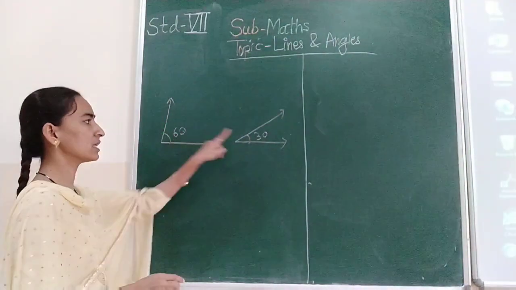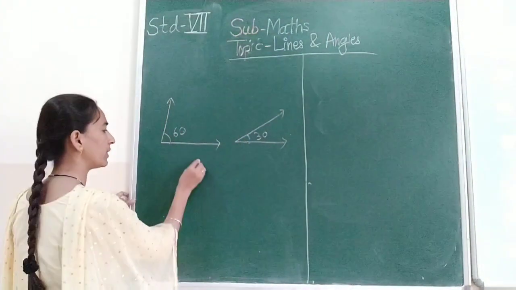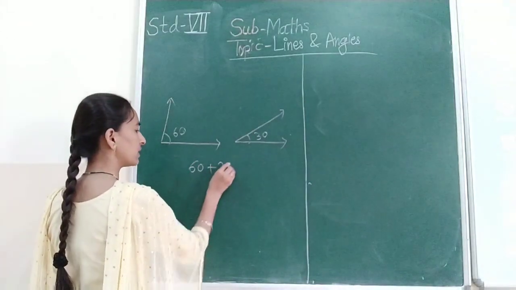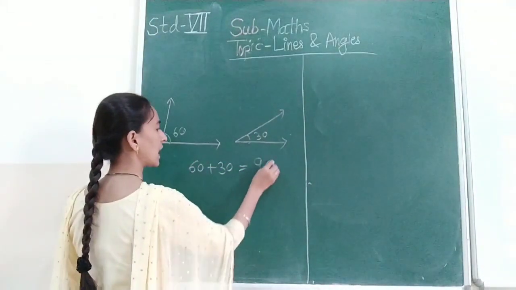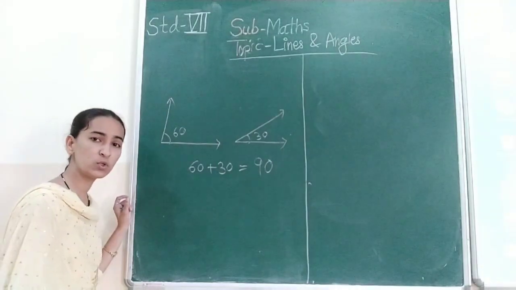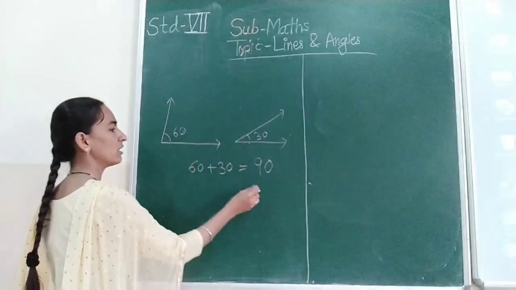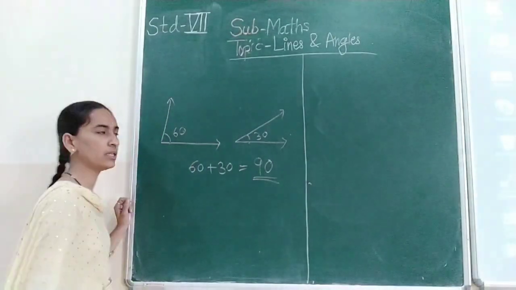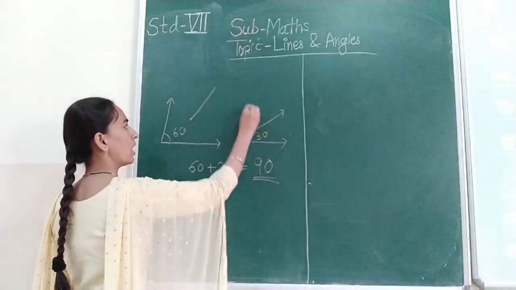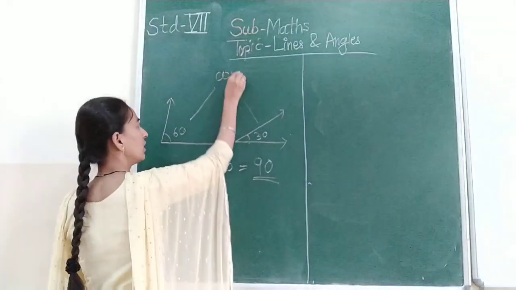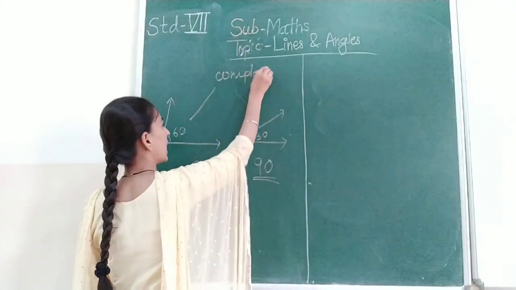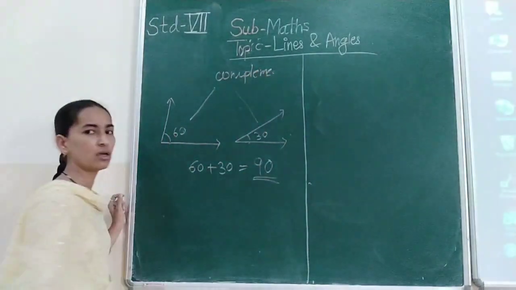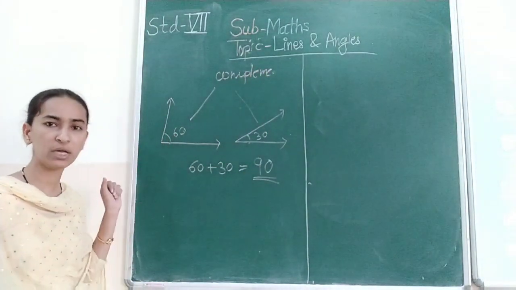If I add 60 plus 30, what will happen? It is 90. So when the two measures add to 90 degrees, these two angles are called complementary angles.